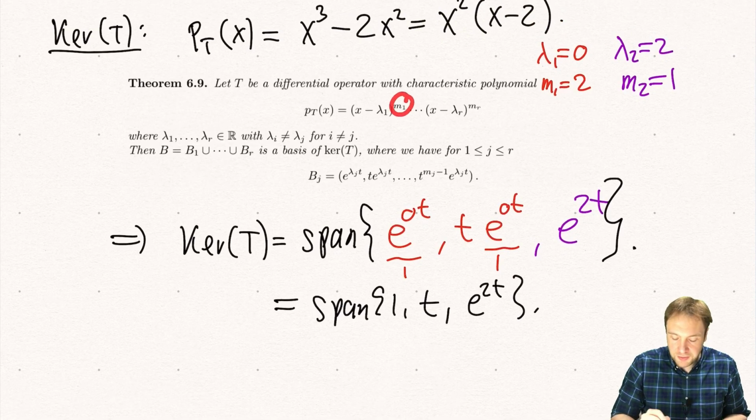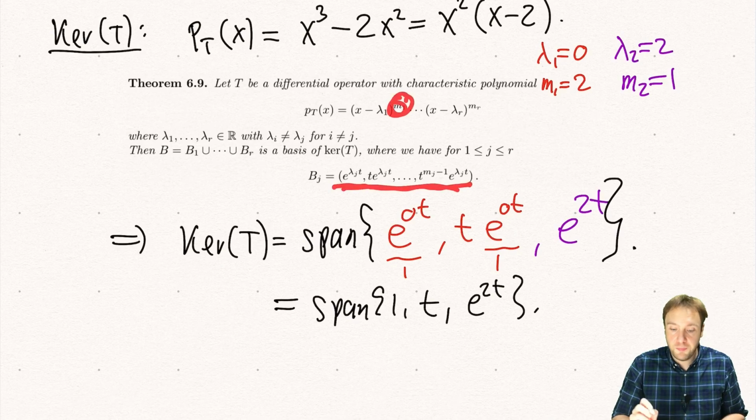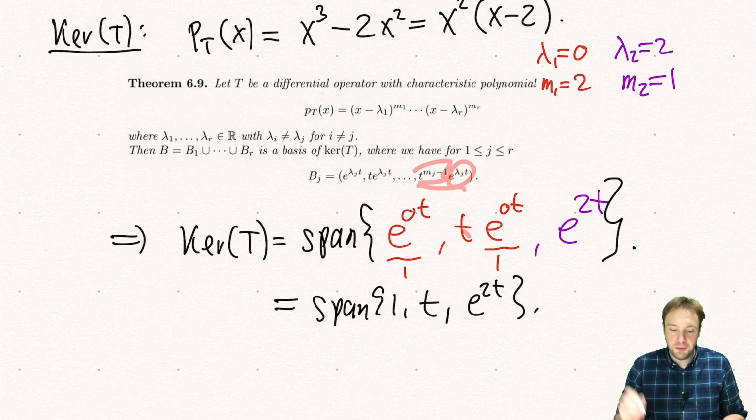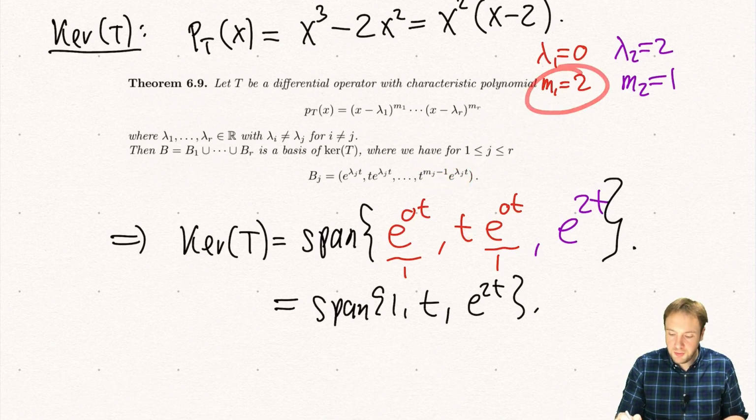Depending on the exponent, if the exponent is m, then we get m functions: e to the lambda t times 1, e to the lambda t times t, up to e to the lambda t times t to the m minus 1. But in this case, m is 2 and the other m is 1.